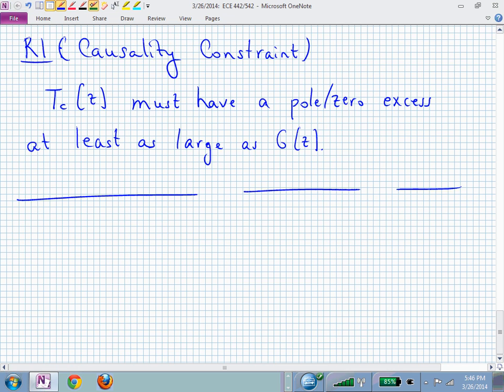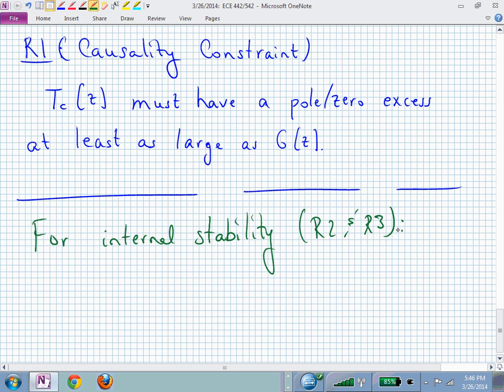The next 2 hinge on the need to keep our closed loop system internally stable. And hopefully you remember that that starts to say, oh, we need to worry about these other 3 transfer functions: the transfer function from the reference input to the error, from the disturbance to the output, and from the reference to the input.